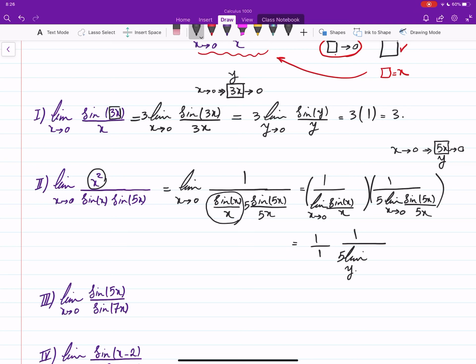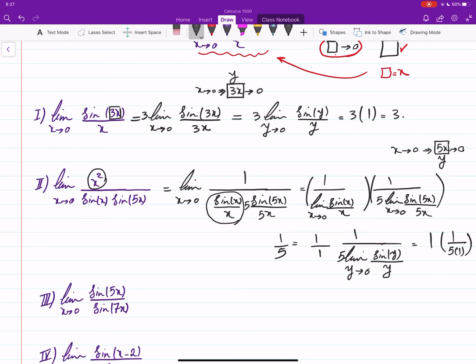So y goes to 0, sine of y over y. And now this is again the same limit, and it will give us 1 over 5 times 1. And that gives us the value of the whole limit. Yes, it's 5. Oh, 1 over 5, sorry. 1 over 5.